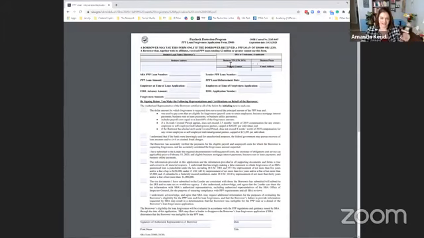Address, tax ID number. Again, if you operate as a sole proprietor and you do not utilize an EIN, then you're just going to put your social security number in there. So basically contact information, SBA loan number, the lender loan number, the amount, the date you received the funds, employees at the time of application, employees at the time that you're filing this forgiveness application.